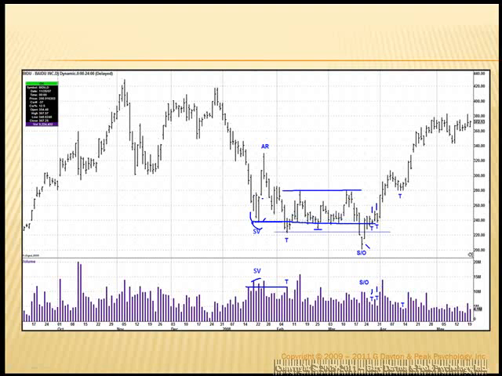Let me erase this. It's in the same area here as all of this other high volume that we see in here each time it comes down. And yet here we've got volume that's significantly less than what we saw here.